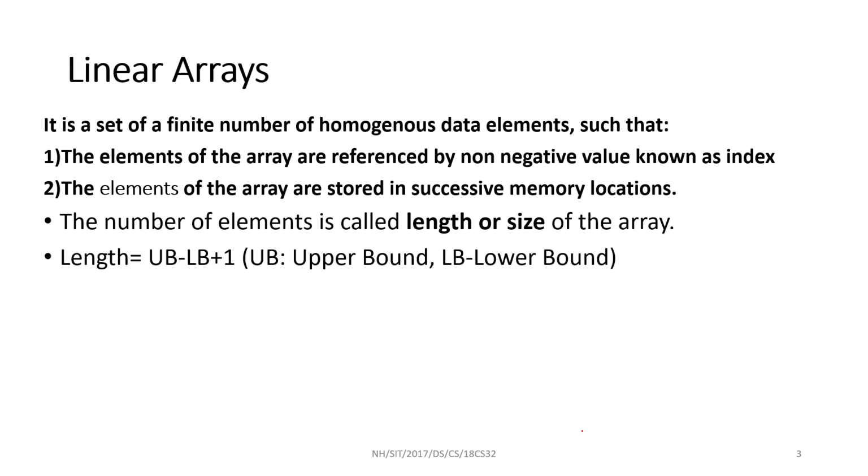Based on that, we'll now be calculating the length using the upper bound. What is the upper bound? What is the lower bound? Suppose this is an array having 5 elements 1, 2, 3, 4 and 5. The total number of elements in this array, that is the size of this array, is 5.